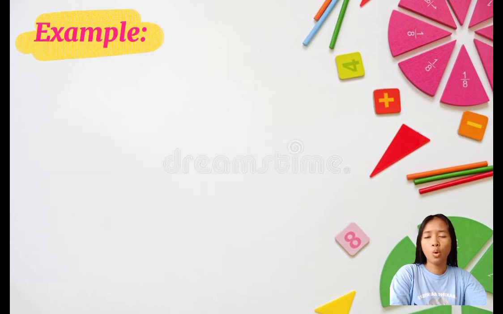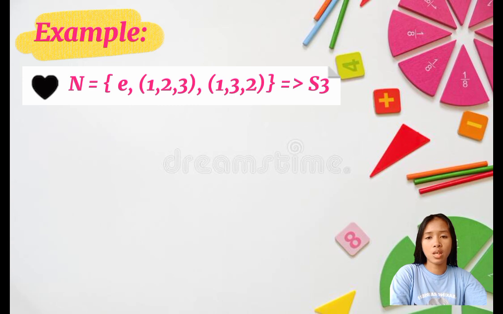First example, we'll consider this set N containing the identity permutation and these other two permutations. N is a normal subgroup of the symmetric group S3. Let's just take a second to look at the conjugate condition. If we just take for granted that N is a subgroup, for it to be a normal subgroup, it must be closed with respect to conjugates.